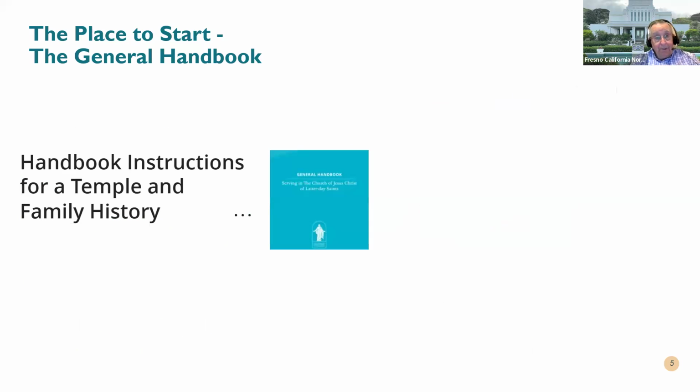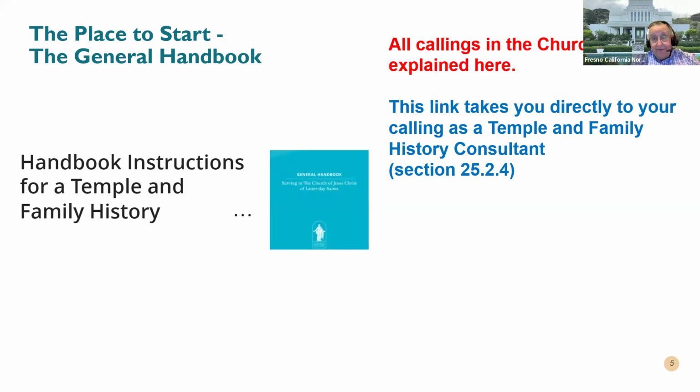Okay, so this is the place that starts the handbook. You can get to this in Google just by typing General Handbook, LDS, and it'll come up in Google and you can click on it. This particular link, though, is going to take you to the portion about temple and family history work, where all the callings are explained.